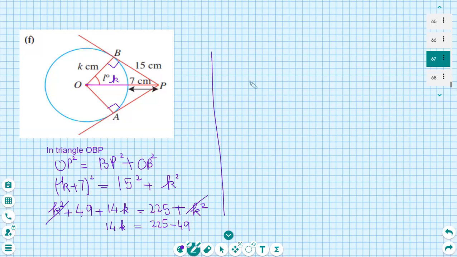So 14K will be equal to 225 minus 49, which gives you 176.